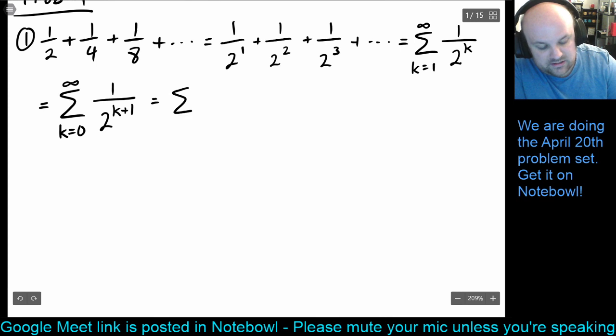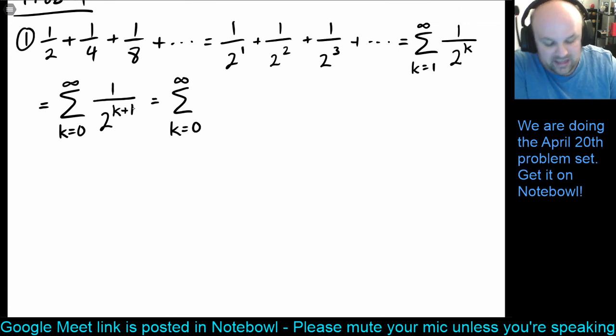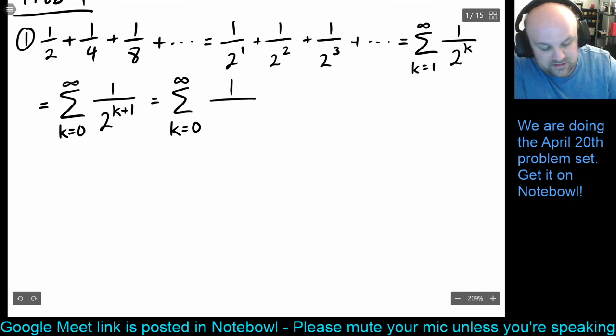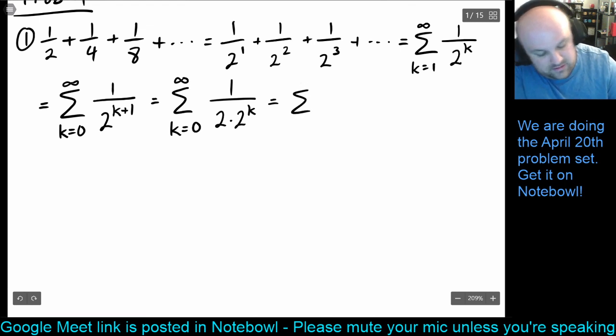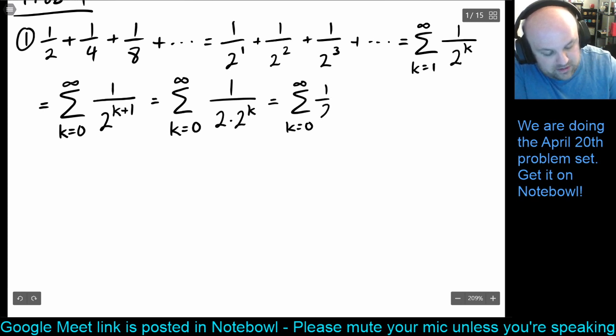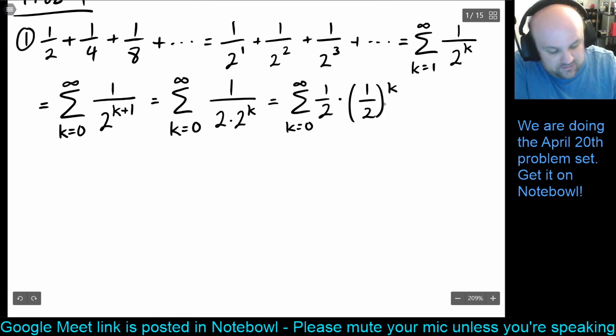And then to finish sorting this out, I would really like something over k, but here I have this extra 1. So this is like 2 times 2 to the k. And at this point, this is 1/2 times, I'm sure this probably isn't too surprising at this point, you should have 1/2 times 1/2 to the k.